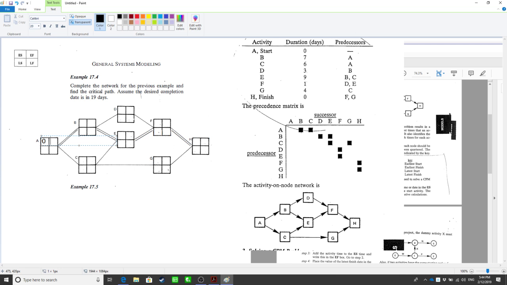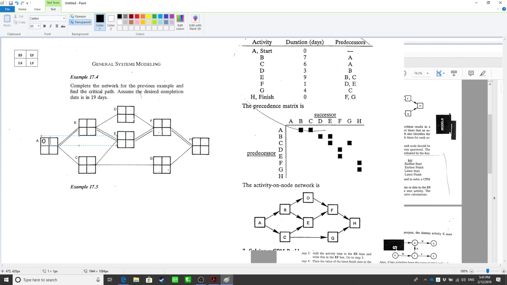6? Why do you think that's 6? Because C is the successor. Yeah, so if it finishes in 6, then C can start. But this is a starting point, right?